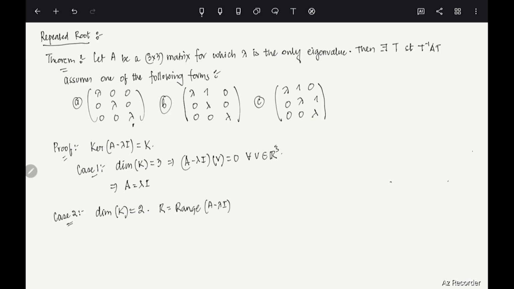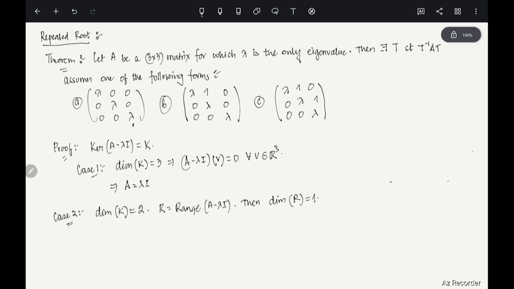We just call it R. Then, since the dimension of K is 2, you do realize that the dimension of R will be 1. Why? Because A minus lambda I is from R3 to R3, right? So the rank nullity theorem says that the dimension of R has to be 1. That is quite easy to see, right? It has to be.